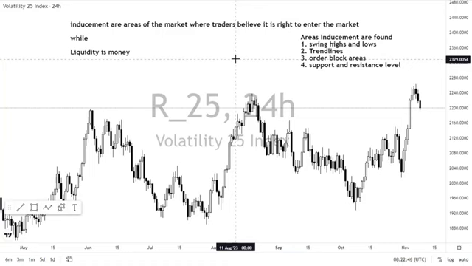So when we talk about liquidity, it is not just inducement, but inducement is an aspect of liquidity. Liquidity has a lot of definitions, a lot of types, a lot of classifications, but inducement is part of the definition of liquidity.